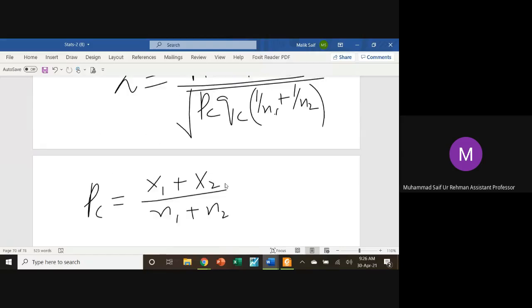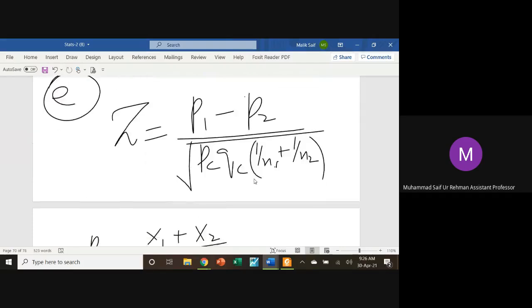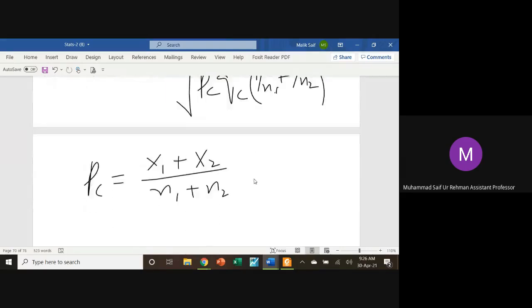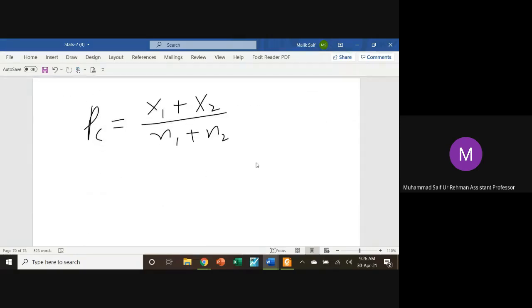So what is x1 and what is x2? For that, you also have to write down the values for P1 and P2. P1 will equal X1 over N1 and P2 will equal X2 over N2.